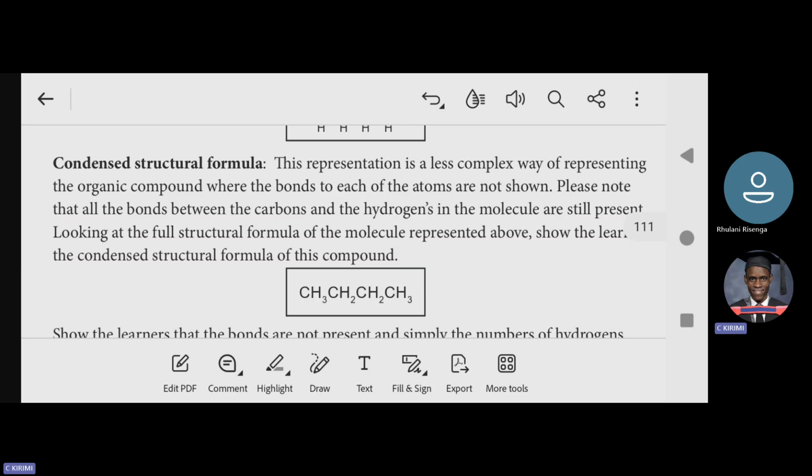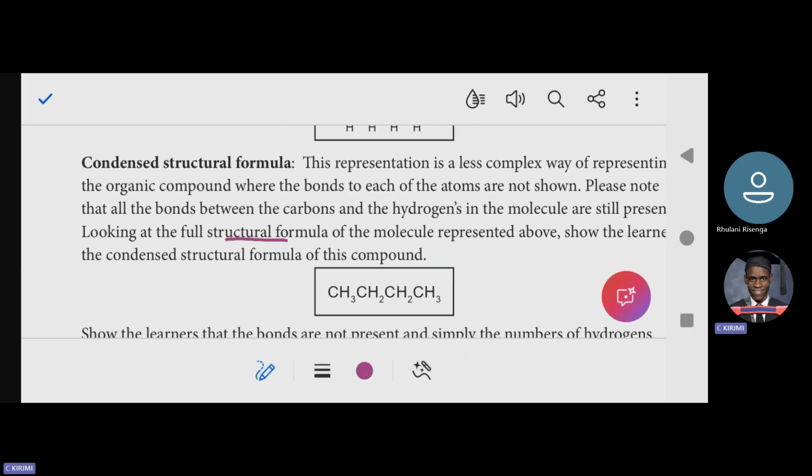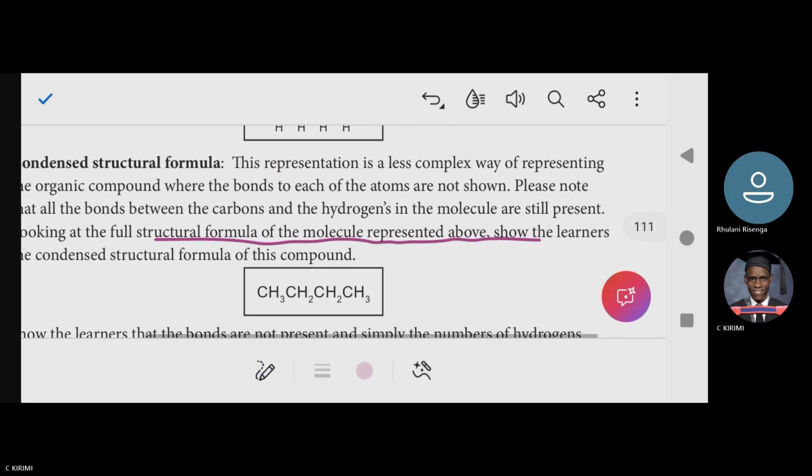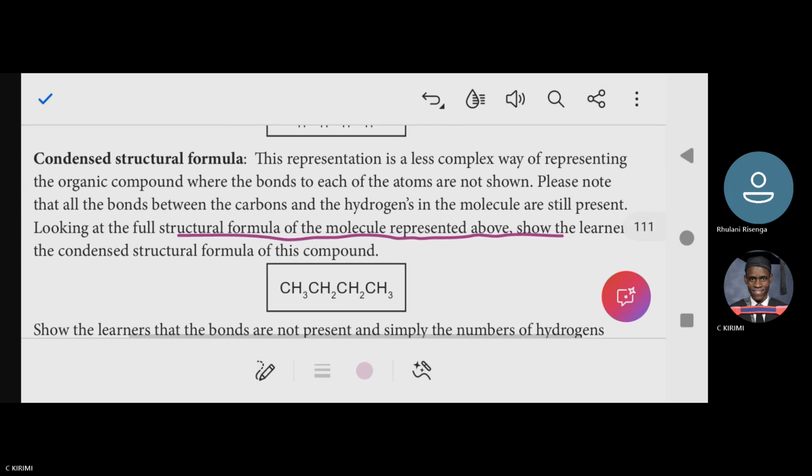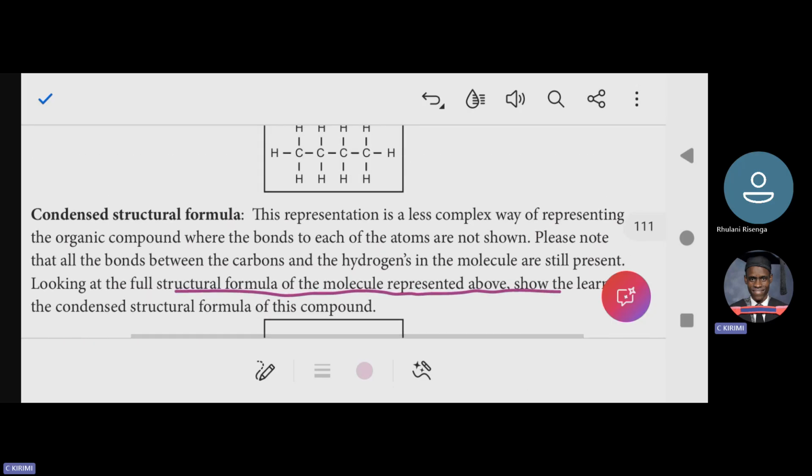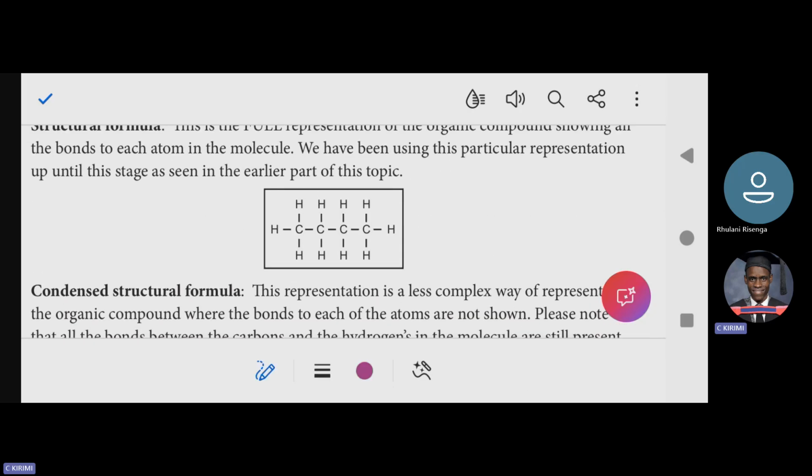Looking at the full structural formula, we take it as it is. When it's condensed, you read this as CH3.